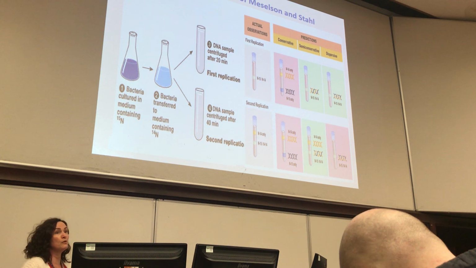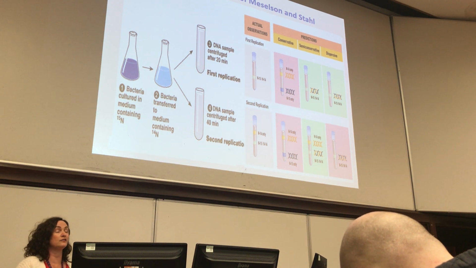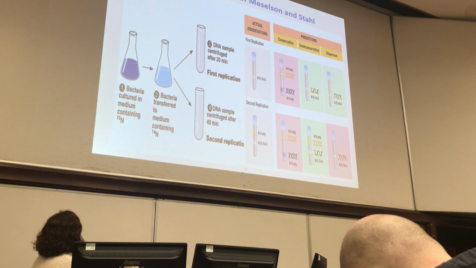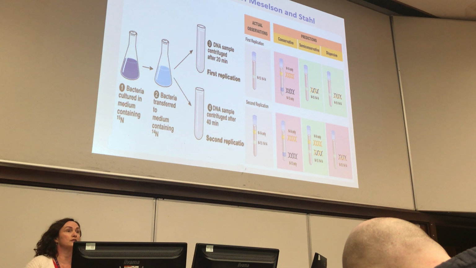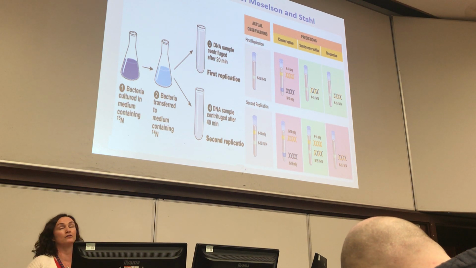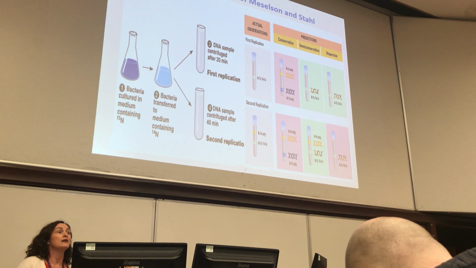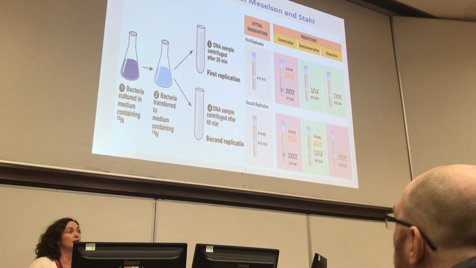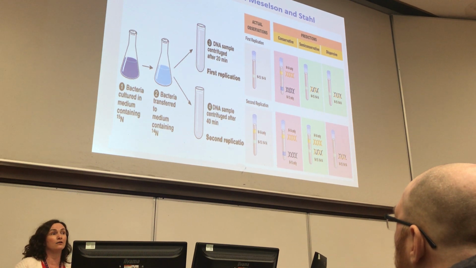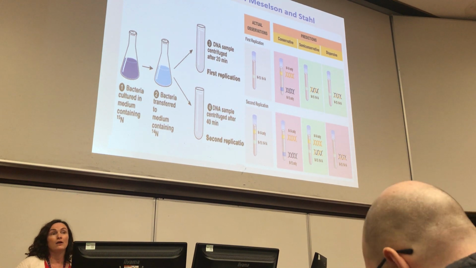And then what they decided to do was take a small section of the bacterial population. They burst the cells, they lysed the bacteria so that they released all their content. They extracted the DNA, and then they added it to a cesium chloride solution, which forms, on centrifugation, a concentration gradient.